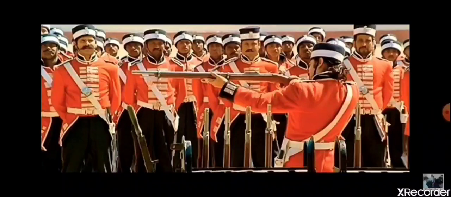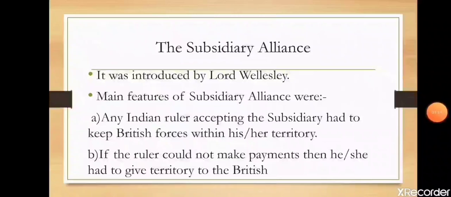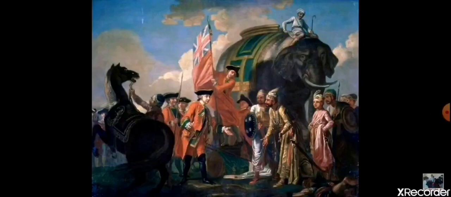In return, the Indian rulers had to make payment for their soldiers. If the ruler could not make payments, then she had to give territory to the British as penalty.